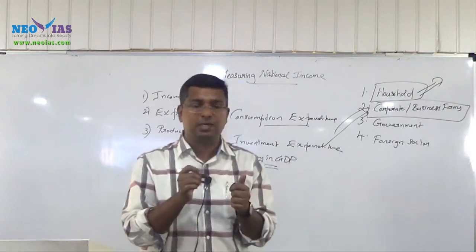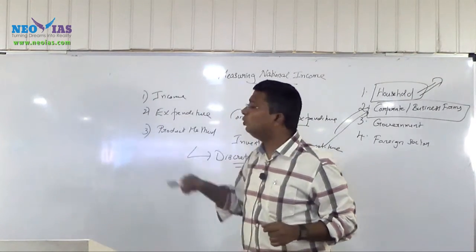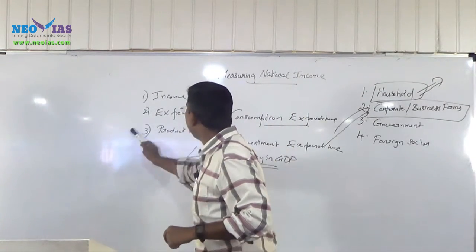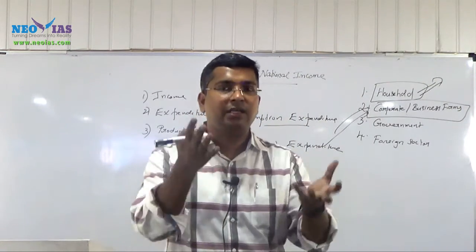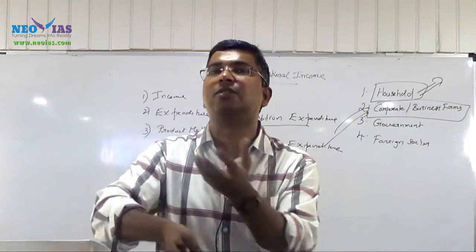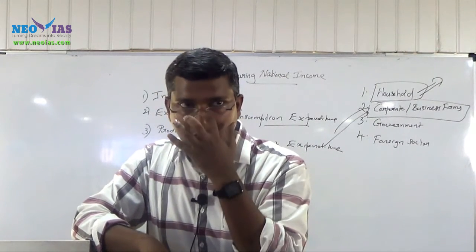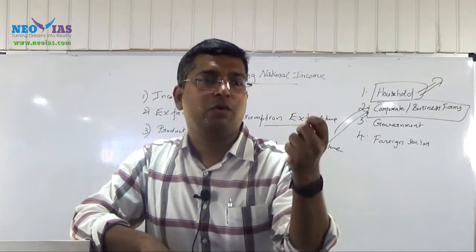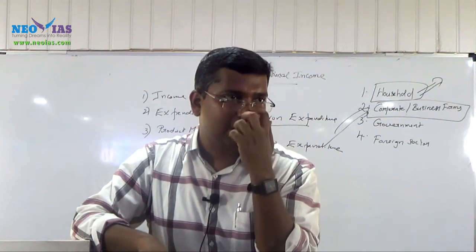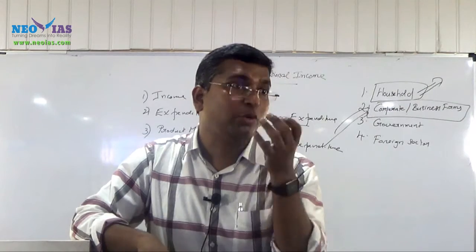Discrepancy in GDP is nothing but this: the government will calculate, we can easily calculate national income through the expenditure method. Then calculate the national income through the product method, and the difference between the product method and the expenditure method is what is called discrepancy. Now why there is discrepancy is because we have very few people to collect prices. To calculate national income, we need to get correct data about the prices.